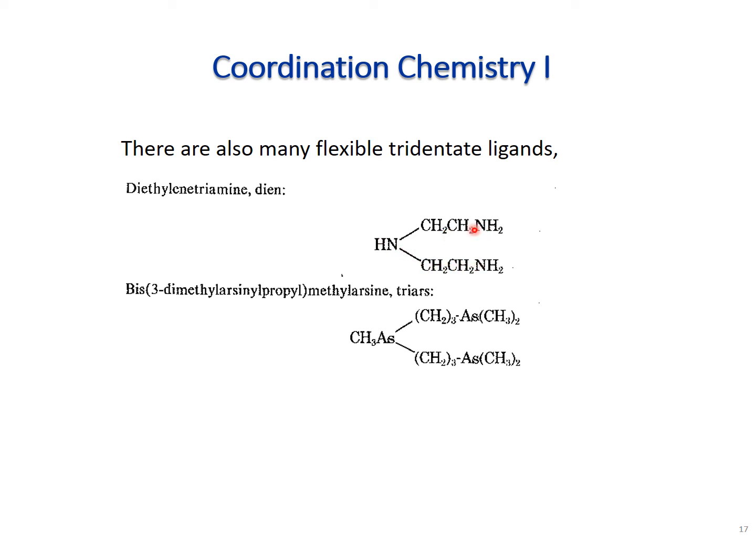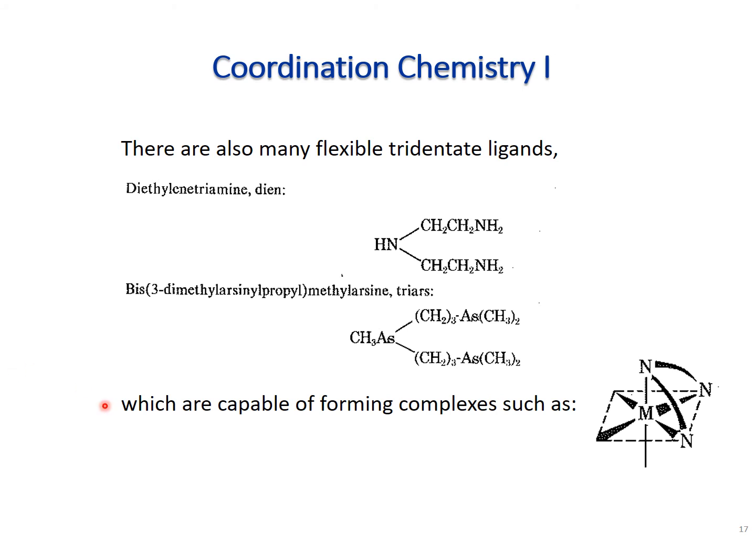So it's similar to en, but where this right here would be en, this is dien. So it's just adding one more of these, becoming tridentate. They can form complexes like this. So you can see, since it's flexible, it doesn't have to be along the same plane. It can actually bend and be in these three locations in an octahedral geometry.